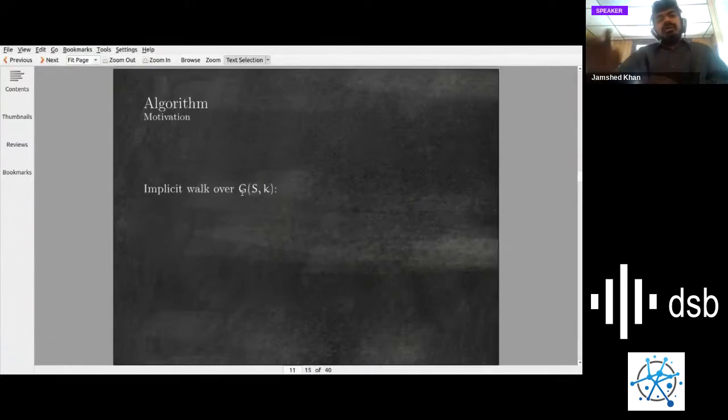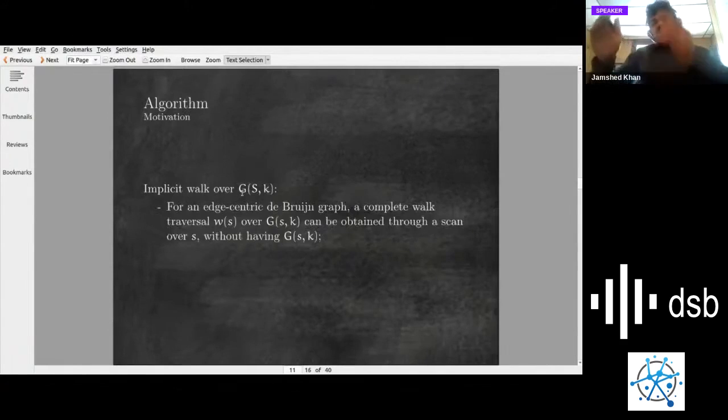A fact that we should note as important is that even without having the ordinary De Bruijn graph at hand, we can make an implicit walk over the graph. In an edge-centric De Bruijn graph, each k+1 mer from your input collection corresponds to an edge in the De Bruijn graph.